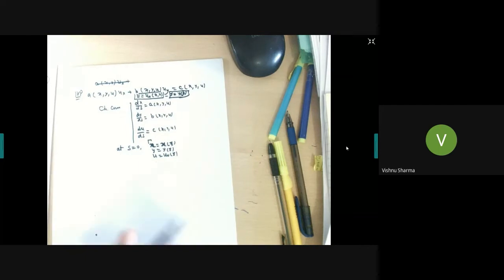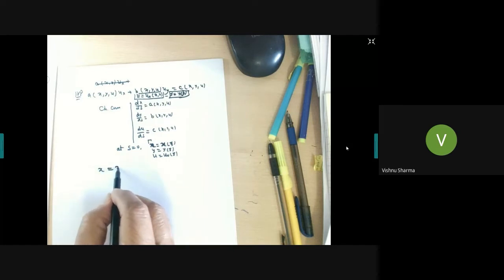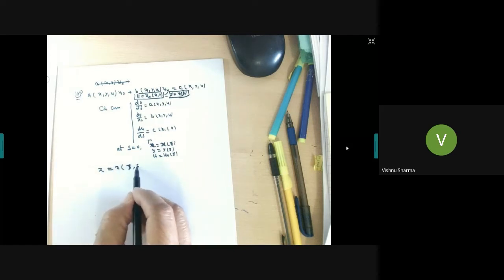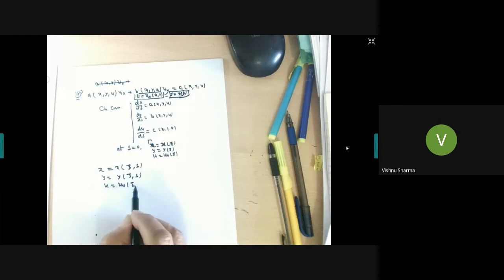So the solution is of the form I have just mentioned: x is equal to x of xi, s. Now the problem is not yet over. This is a function of xi and s, and u is a function of xi and s.